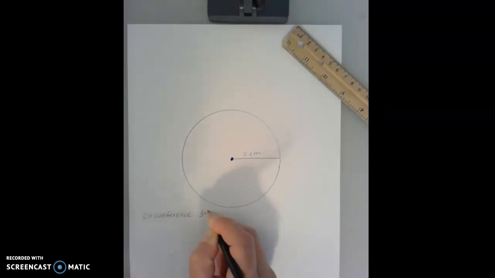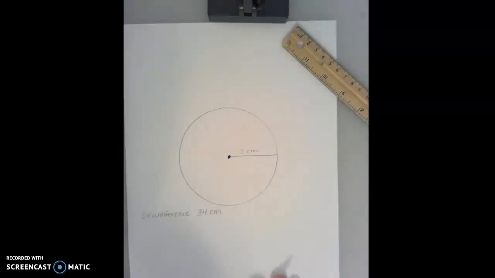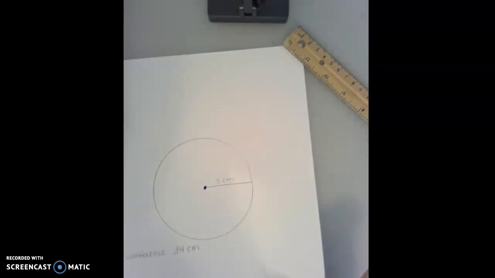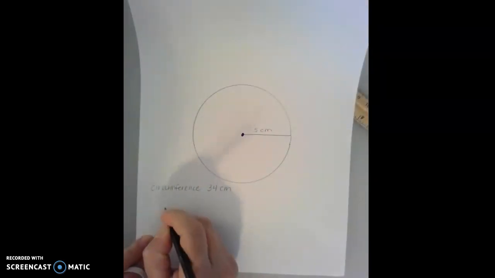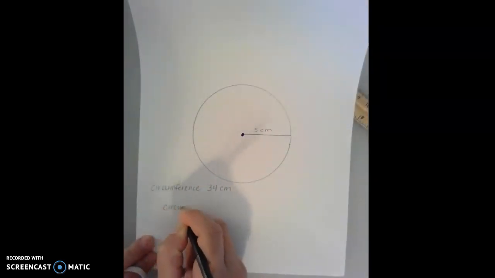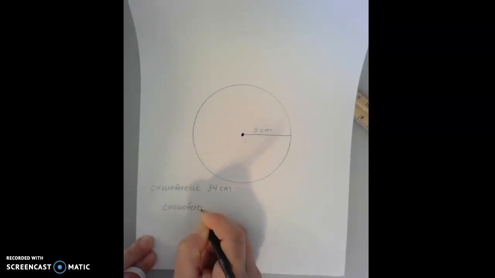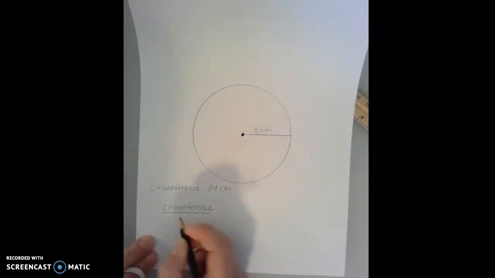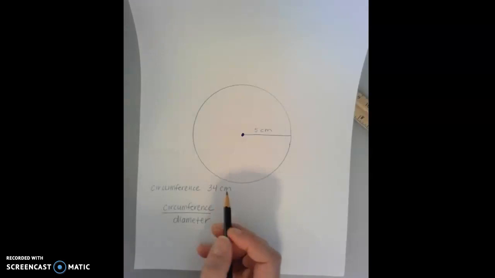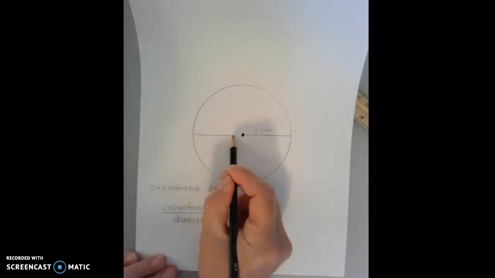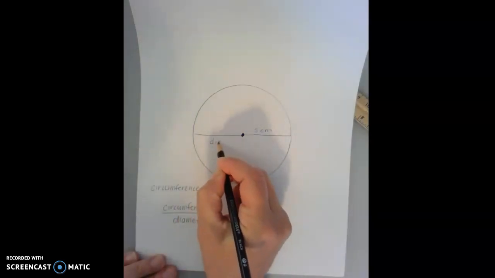was about 34 centimeters. The calculation that we're going to be doing is taking the circumference and dividing it by the diameter. The diameter for this circle is going to be 10 centimeters.